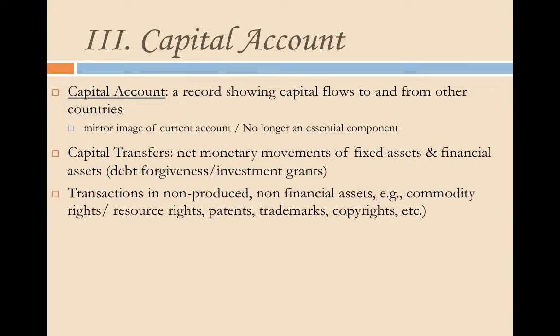Next, we have transactions in non-produced and non-financial assets. So if one country purchases the rights to land or to a fishing area or for resource rights, mineral rights in another country, when you buy the right to fish in certain waters, it's a non-produced asset. There aren't any fish harvested there yet, and it's a non-financial asset.